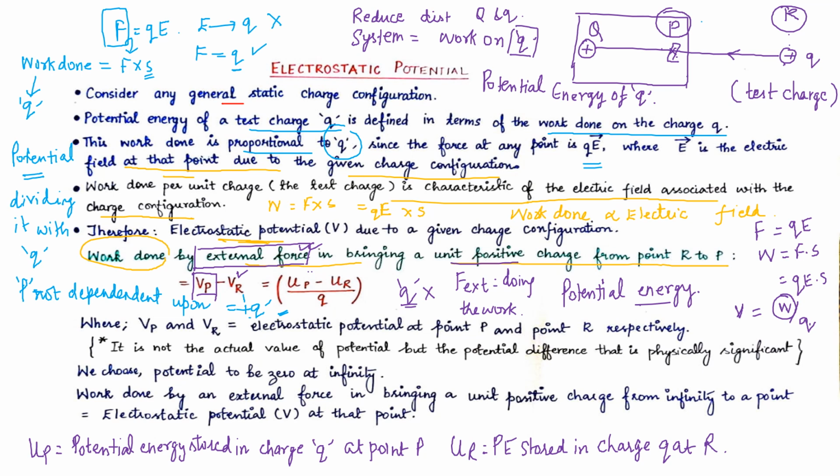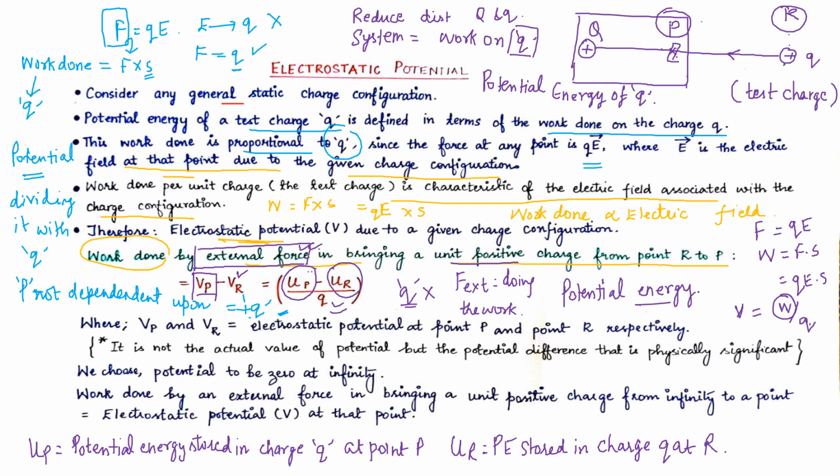What is potential energy? Potential energy is defined by virtue of the position of any object under consideration for calculation of the energy. So it depends upon the position. At P it will be something else and at R it will be something else. So UP minus UR divided by the charge.